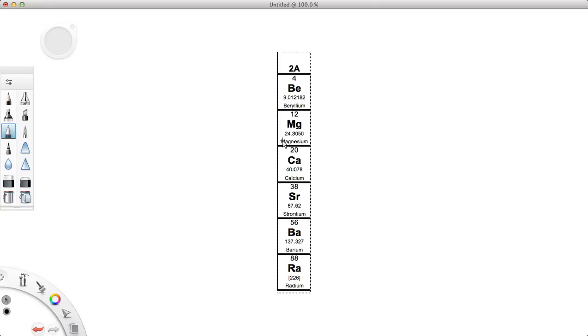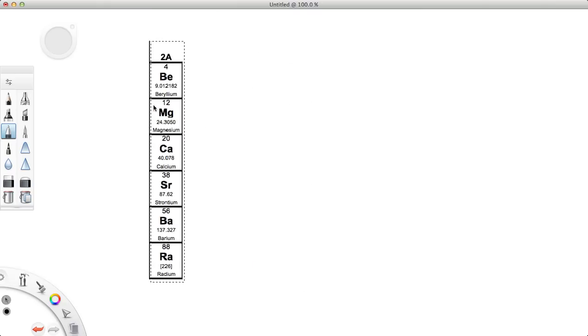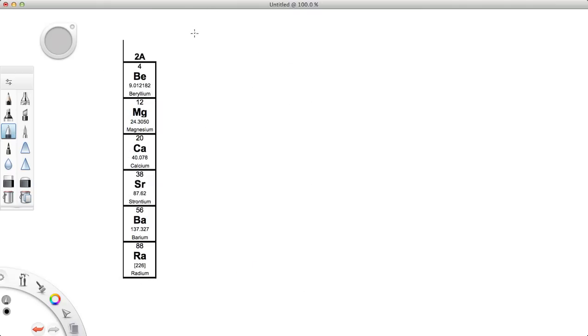So now let's take a look at the alkaline earth metals. This is group 2A, alkaline earth metals.